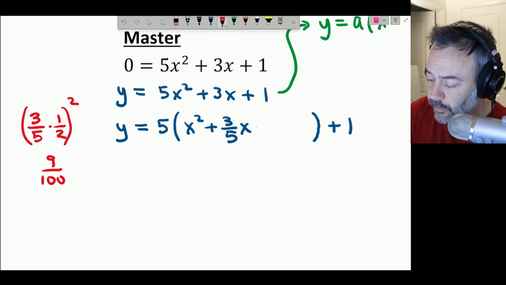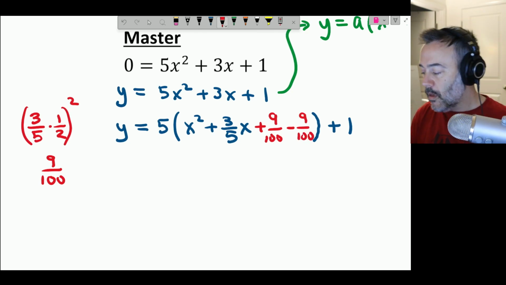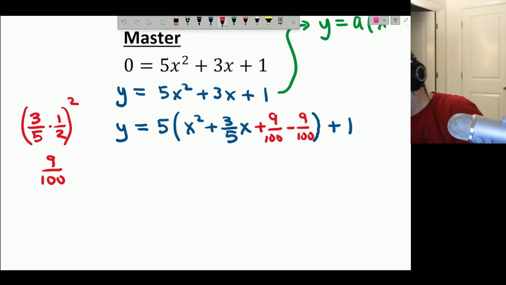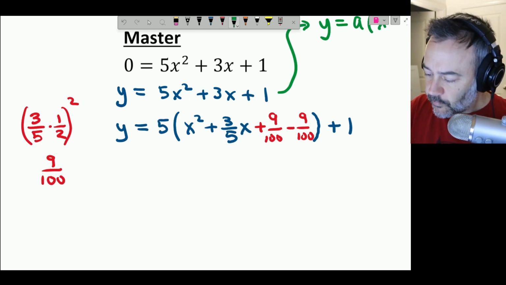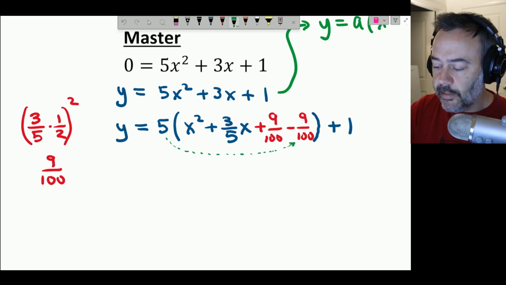So I will add 9/100ths, and then inside the parentheses, I will subtract 9/100ths. Okay? All right. Next step is we want to distribute this 5 to the one we subtracted, and only that one.